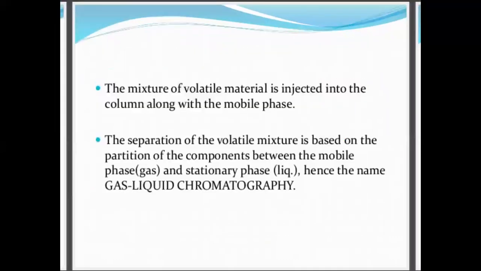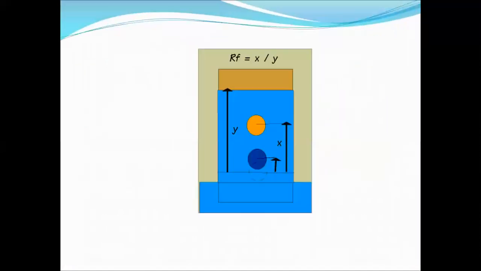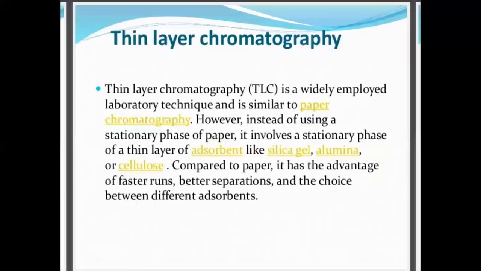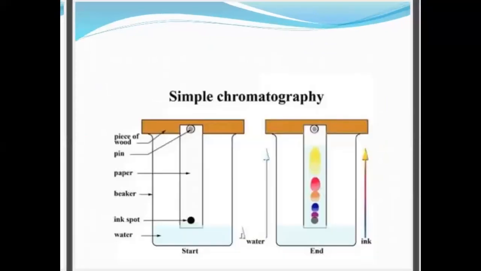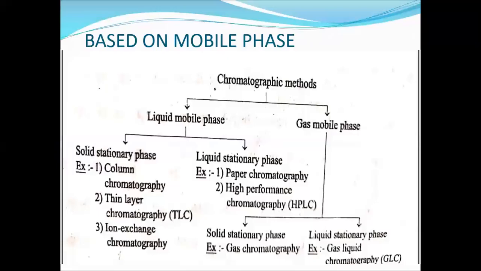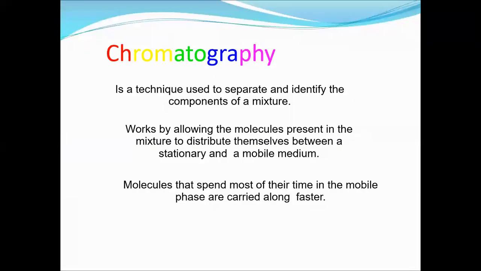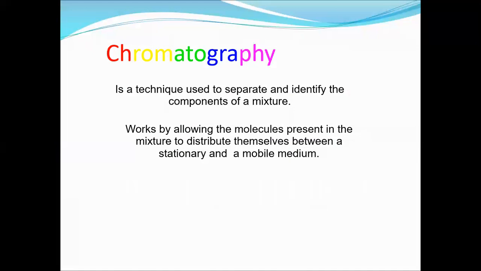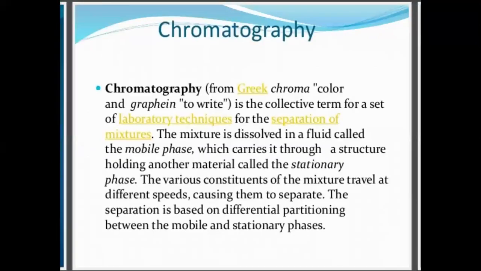In today's class, I have discussed what chromatography is, what the principle behind chromatography is, what the types are, and what the classification is. Chromatography, from chroma, to write, is a laboratory technique for the separation of mixtures.